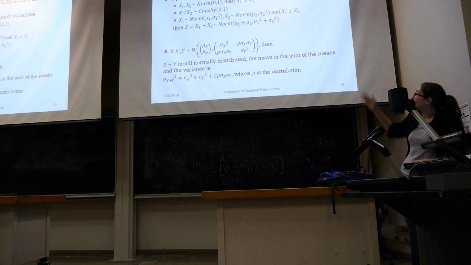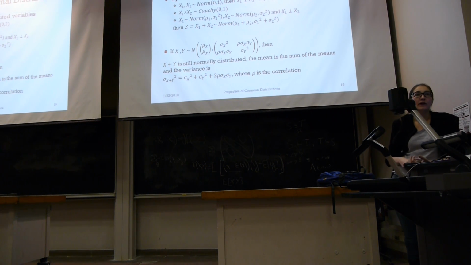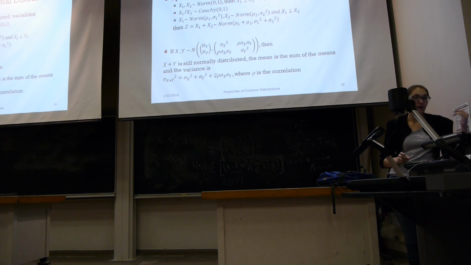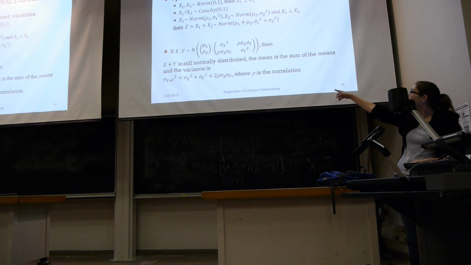Now, given a normal distribution with the covariance matrix that I wrote there, you can still sum the variables and get a mean, but the variance will be what I wrote there.